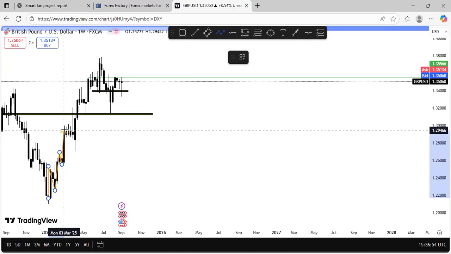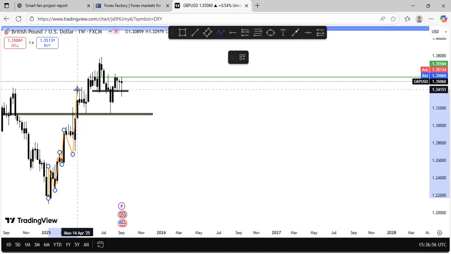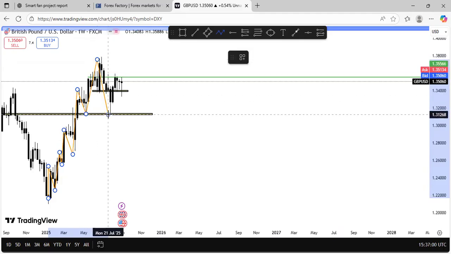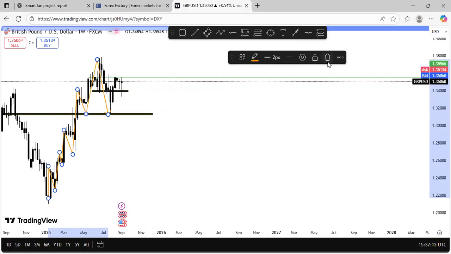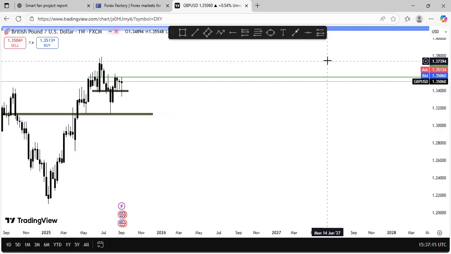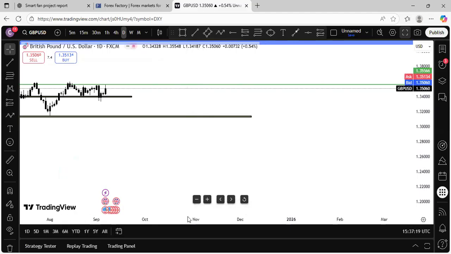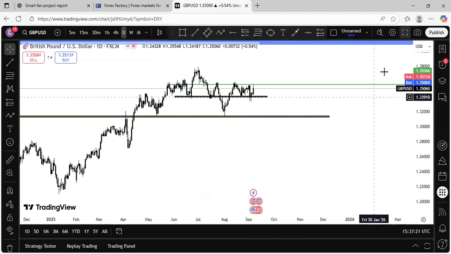Higher high, higher low, higher high, higher low, higher high, higher low, higher high, equal lows. Price comes in here. So we're at this level right now where price wants to break, or wants to probably head over there and then push down backwards. So for the weekly time frame, we're still in an uptrend. On the monthly time frame, an uptrend, and on the weekly time frame, an uptrend as well. So now the daily time frame.